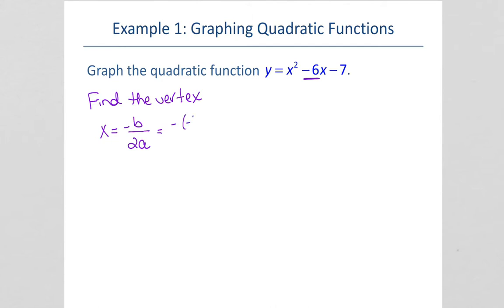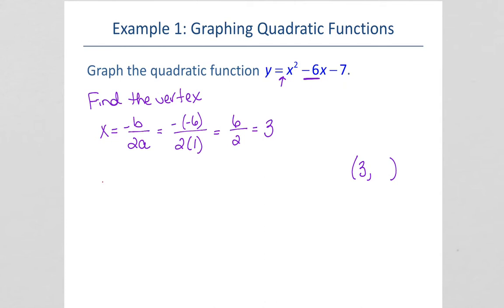So that's negative 6. And a is the number that comes before x squared. In this case, it's just 1. So we have 6 divided by 2, or 3. So 3 is the x value of the vertex.